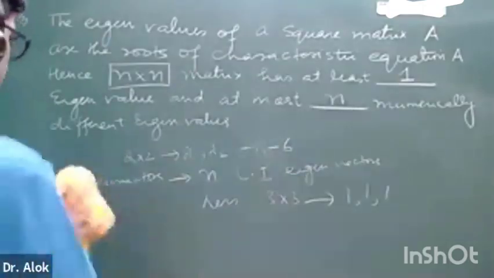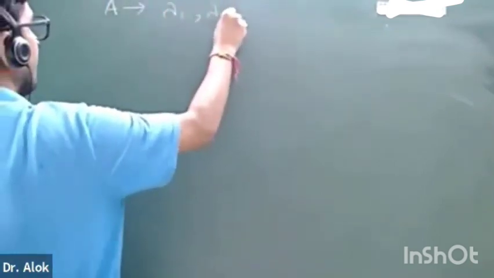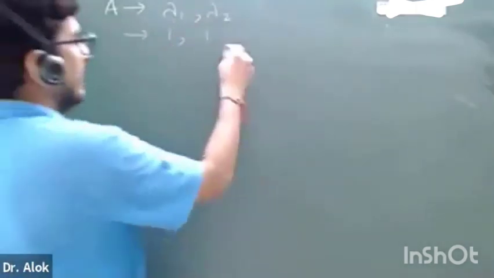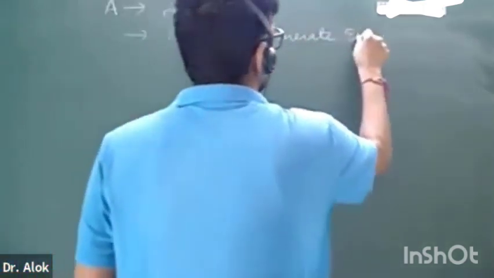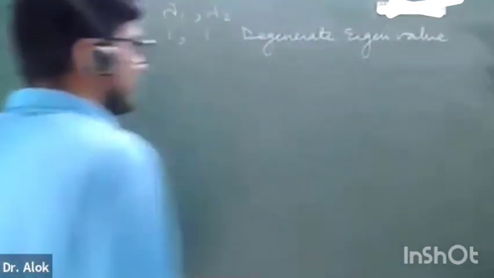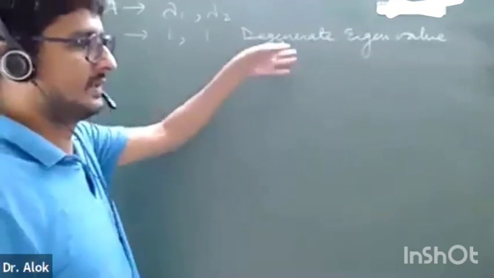And a simple thing: you have a matrix A and you get eigenvalues, suppose lambda 1, lambda 2, and suppose those eigenvalues are 1, 1. So these are known as degenerate eigenvalues. In physics also the same word is used, degeneracy.